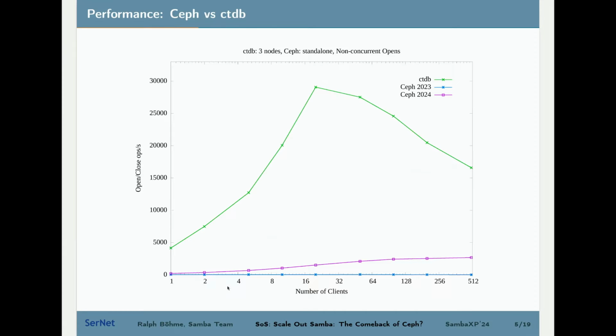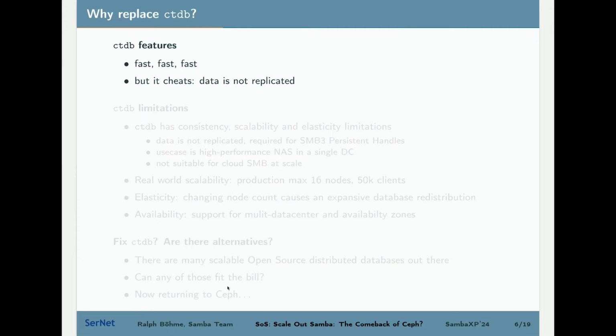So it's much better, and it's more or less in the range of, actually a bit better than, for example, the etcd distributed database that is used by Kubernetes internally. But it's much lower. So, why all this? If CTDB is so much faster, why actually think about replacing it?